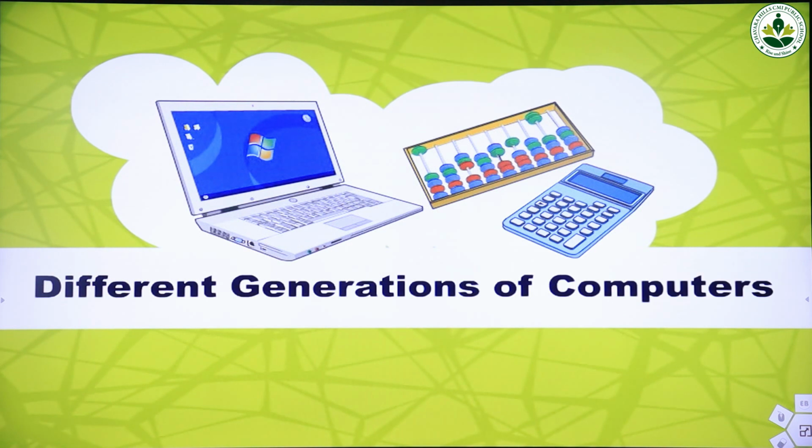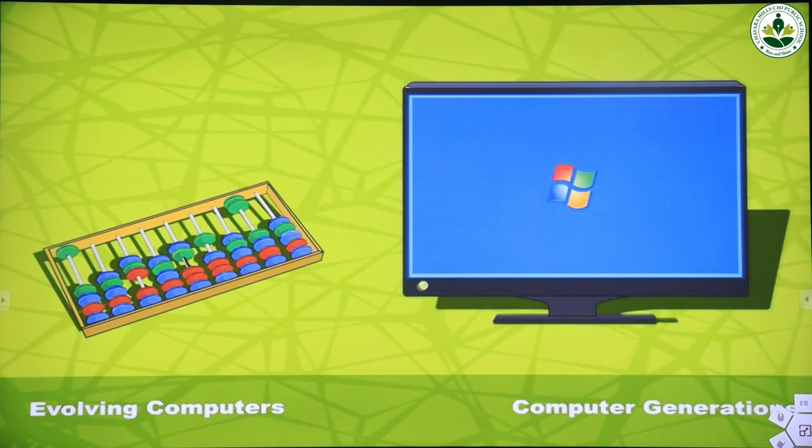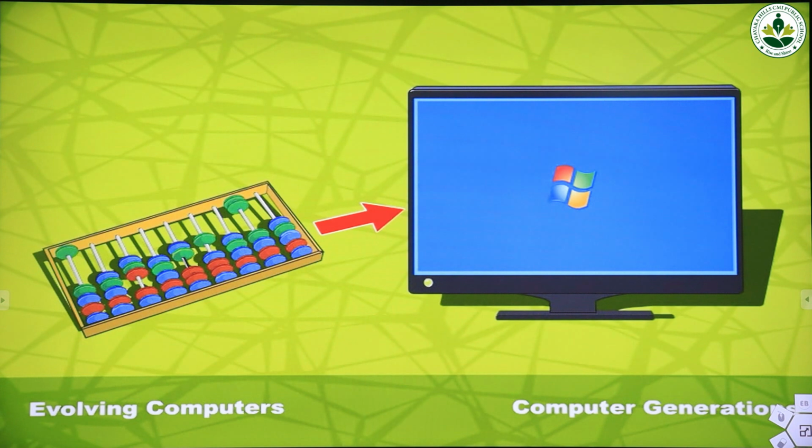Generations of computers. Computers that we see and use today have evolved from the early computing devices. Since 1946, computers are classified into generations according to the technology used.